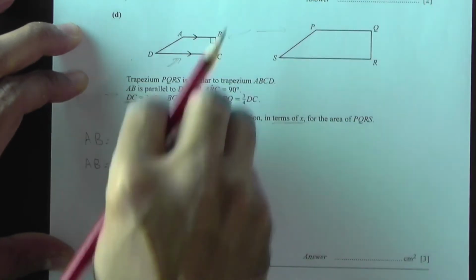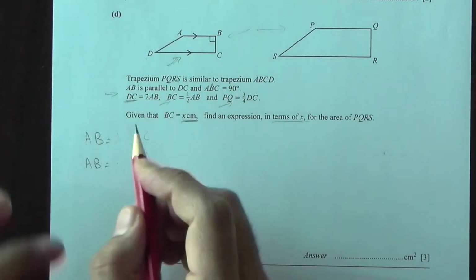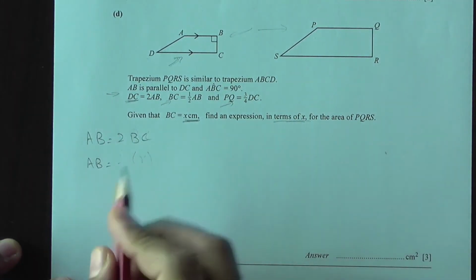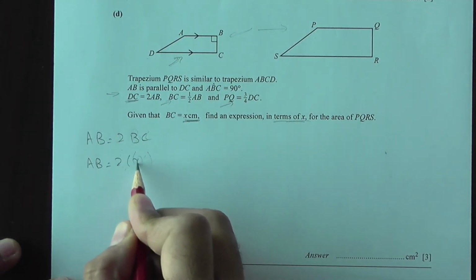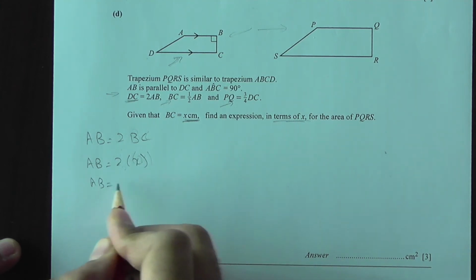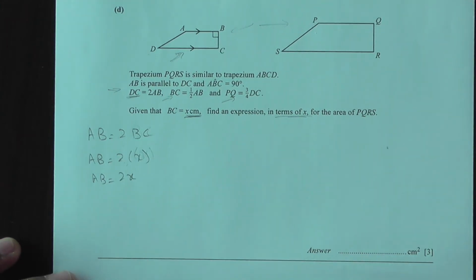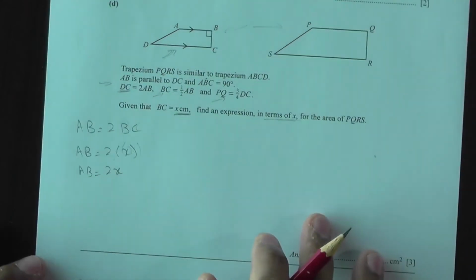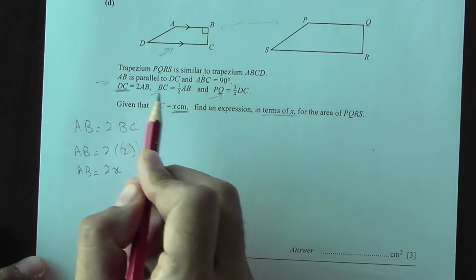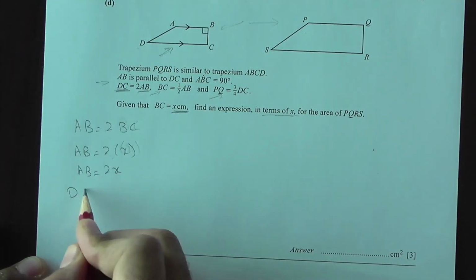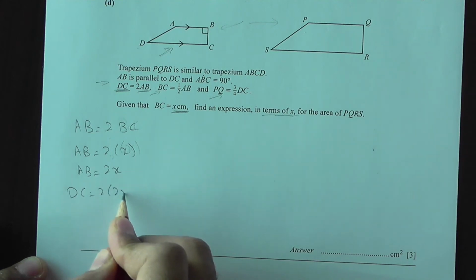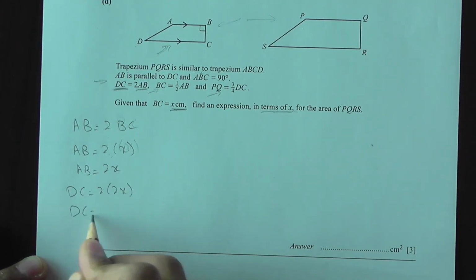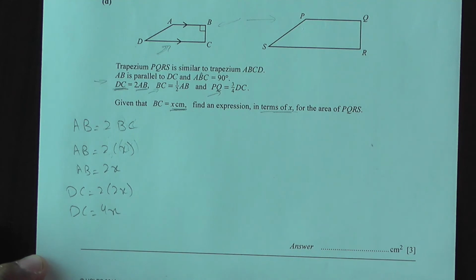What we are supposed to do is AB is going to be twice of BC. So then you multiply 2 with x over here and AB comes out to be 2x. Okay, since AB is 2x, that means DC is going to be twice of AB. So DC would become 2 times 2x. DC comes out to be 4x. I hope this is visible.